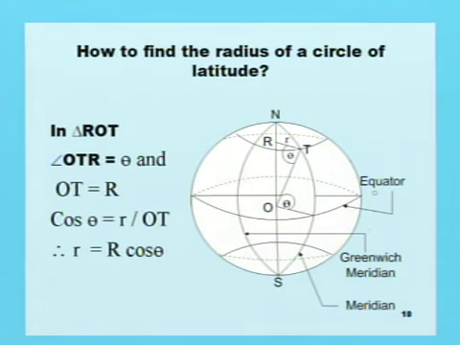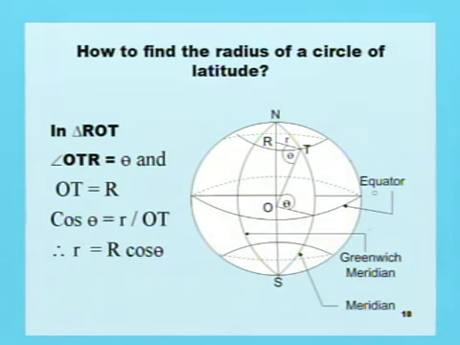So cosine theta, using that right angle triangle ROT, cosine theta is equal to r divided by OT. So r, which is substituted for OT, so little r is equal to big R, which is the OT value, times cosine theta.